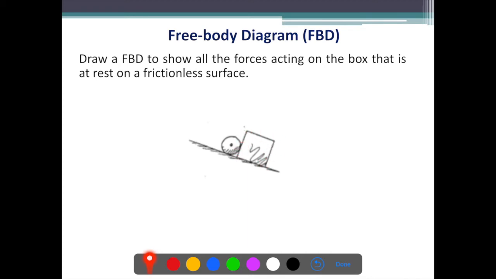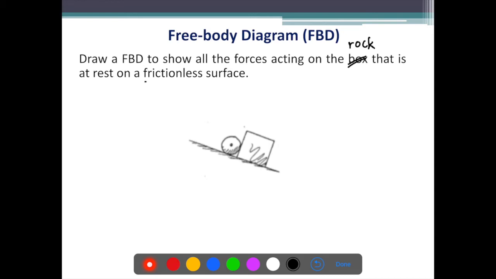And we want to diagram all the forces acting on the rock that is at rest on a frictionless surface.